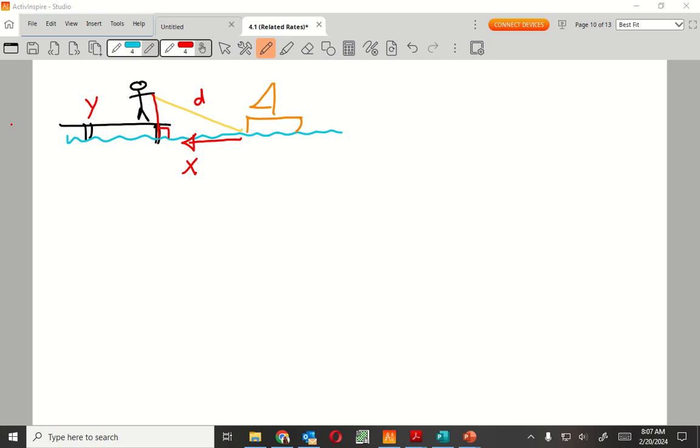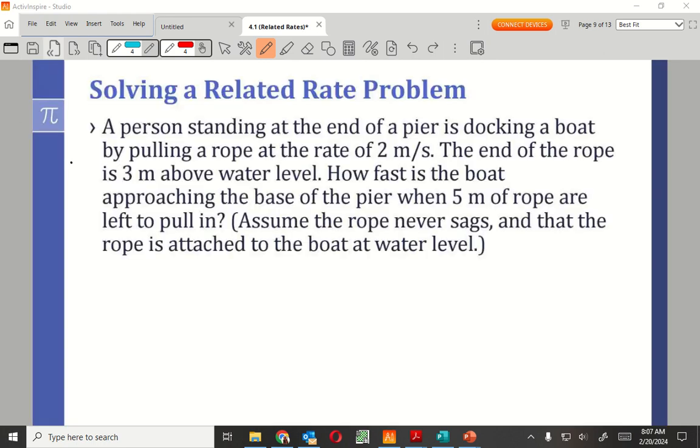So given that, let's go back to the values that I have. I know I'm going to have a Y in my problem. Docking the boat by pulling a rope at the rate of 2 meters per second.